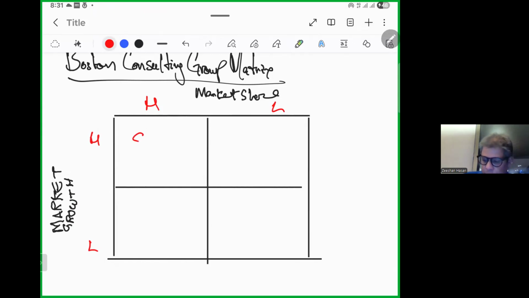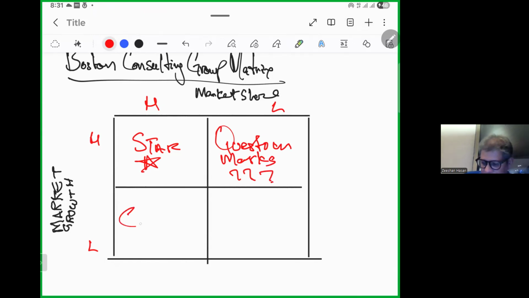We have one type, star products. Then we have question mark products. Then we have cash cows, and then we have dog products.